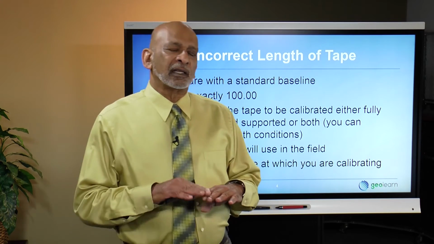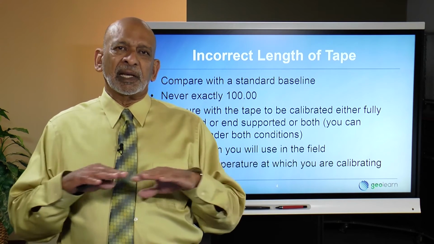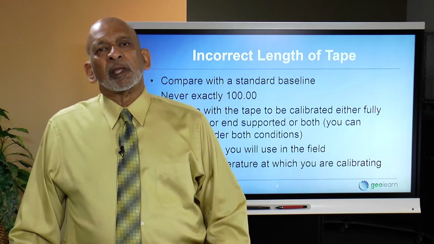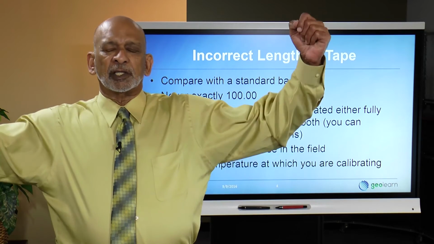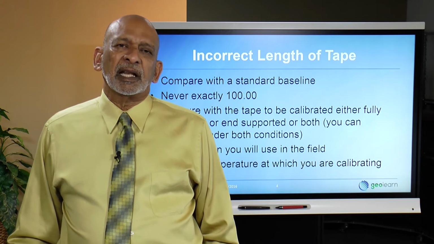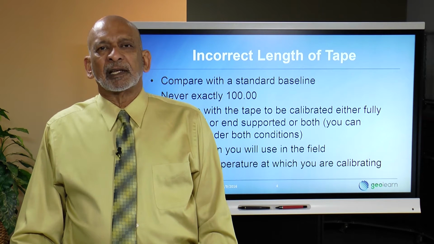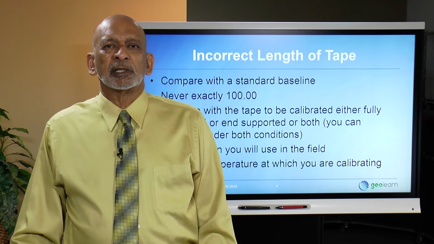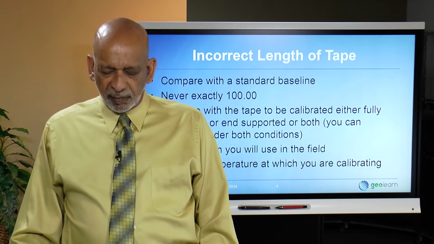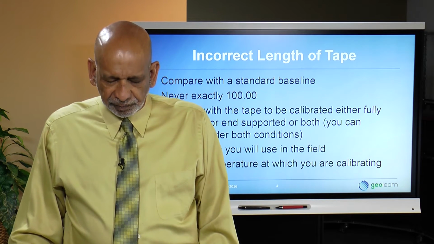Now you can calibrate one of these tapes in what's called a fully supported condition, meaning it's laying flat on the floor or on the ground where these two reference marks are. Or it can be calibrated in the field, as you surveyors in this class would be, using plumb bobs, and they would use the same thing, but they might use supports, things that look like small stools or benches to support the tape, and maybe use weights and pulleys to apply a certain amount of tension so that it's very, very stable when they do the calibration.